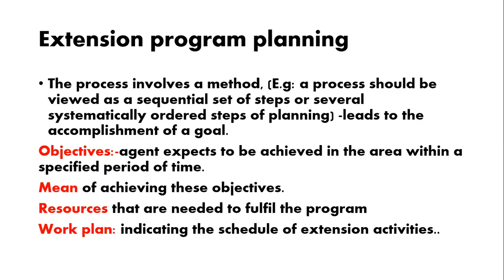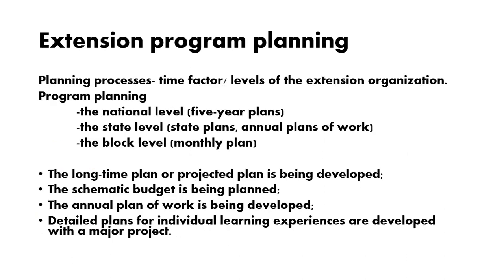What are we going to achieve in the given time? And the means of achieving the objective, why we are going to achieve this objective. The third one is what resources are needed to fulfill the program, and the work plan. Work plan means a schedule of activities. These are the basic 4 elements in program planning.